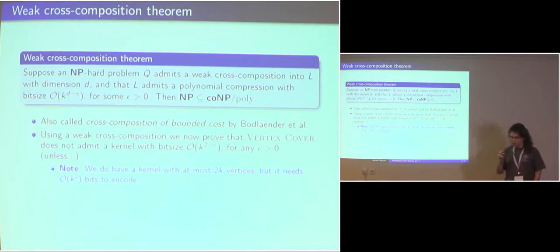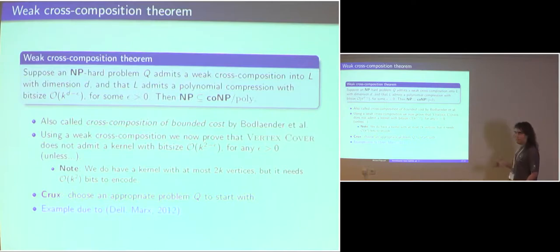So just to note that actually it matters how we measure the size of the kernel, yeah? Because in vertices, the kernel has linear size. Yeah, but in bit size, it has quadratic size. Yes? Good. So the crux, as usual in hardness reductions, is to find an appropriate problem to start the composition with.